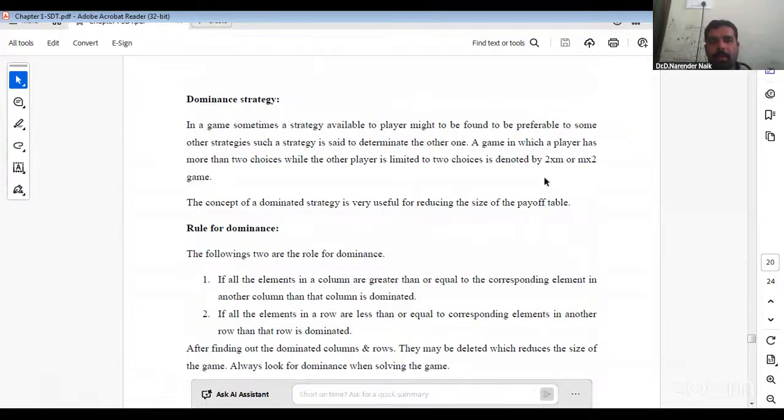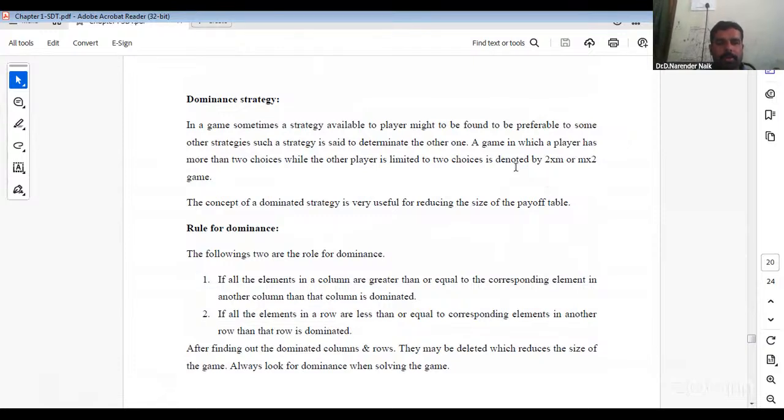Okay. So here, dominance strategy. So this is a very much important problem. In a game, sometimes a strategy available to a player might be found to be preferable to some other strategies. Such a strategy is said to dominate the other one.